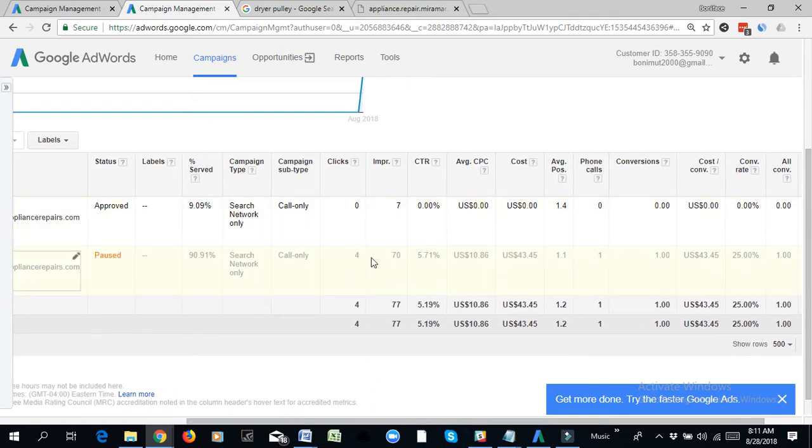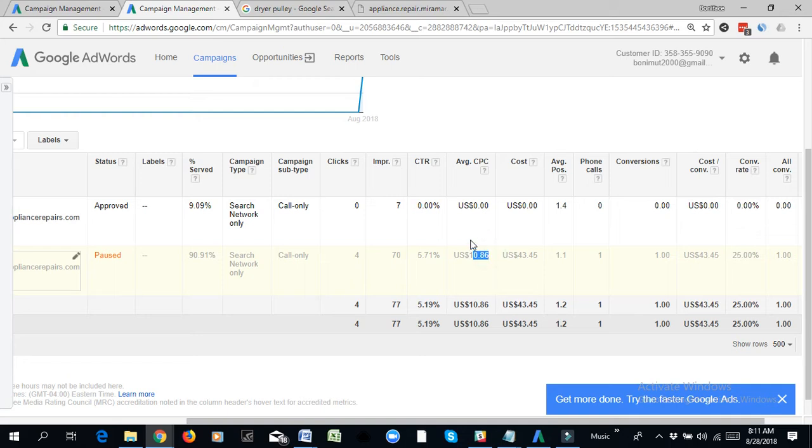We had 4 clicks and 1 conversion, so that's not a good conversion rate at 25%. That's part of the reason. And the average cost per click was this high.